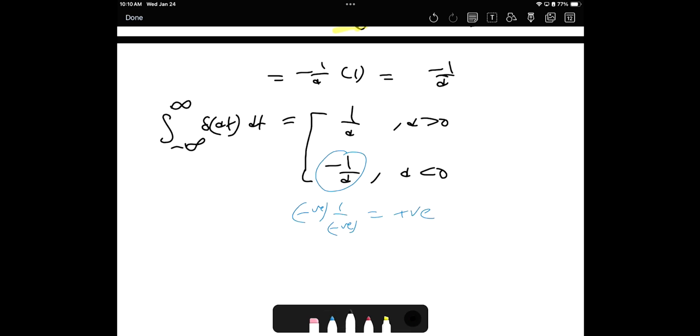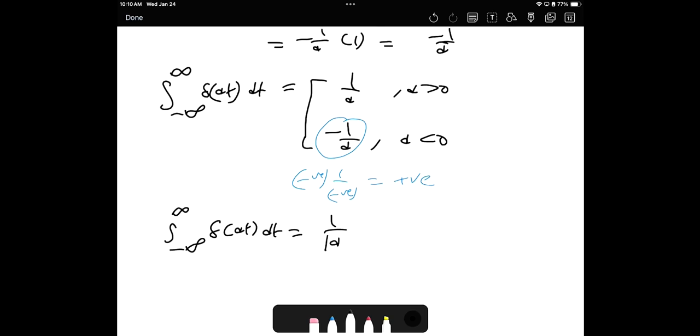So as a result, the integral from negative infinity to infinity of delta A of t dt will equal 1 over the absolute value of A. It will be positive anyway. This is the first property: when we have a time scale, the integral will be 1 over the absolute value of that constant.